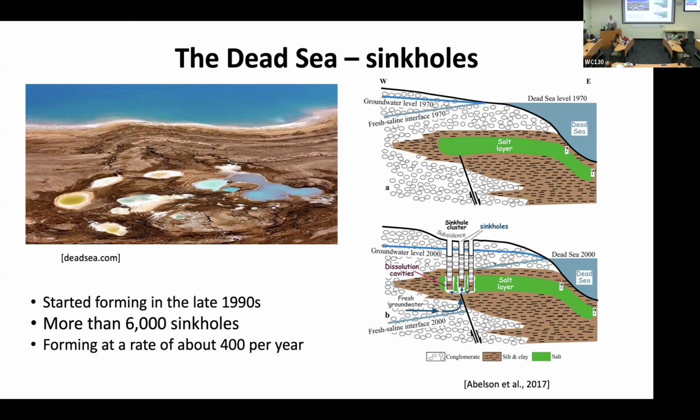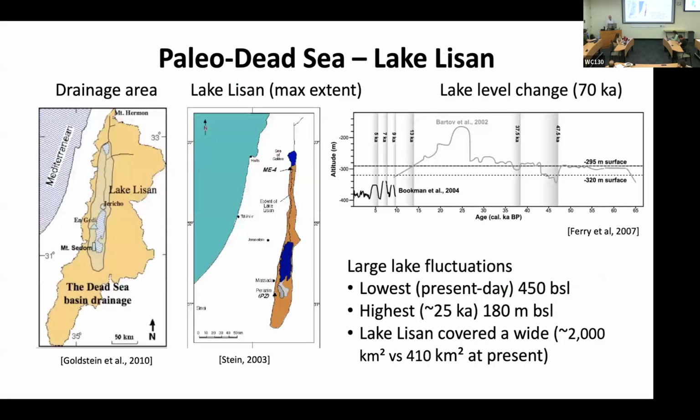And as we make changes to the groundwater, the caprock or the soil loses its cohesion, and then it can either subside or sink, and we have a sinkhole collapse. So it's a different mechanism, but on the surface we have the same result of materials that collapse into the subsurface. So this is the Dead Sea today.